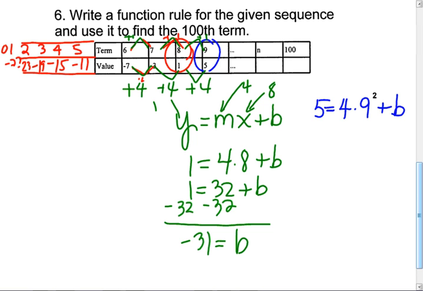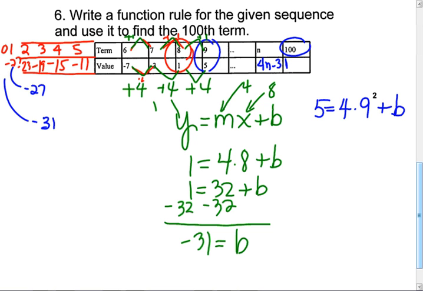Or I could count backwards. 6 is pretty far away from 0, but it'll work. And I just counted backwards by 4s. And when I got here, I see what I have, negative 27 there. And then I have to do 4 again, so that's negative 31. So the formula, if I use the n's, will be 4n minus 31.